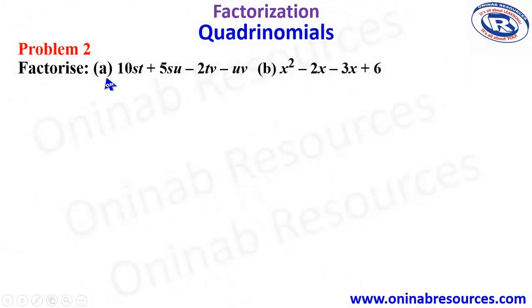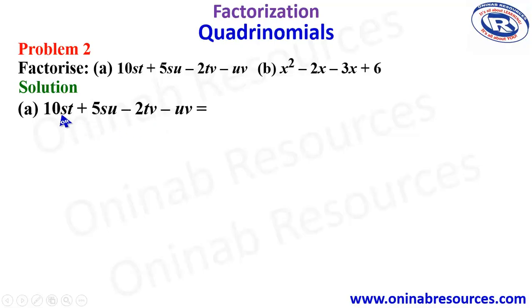For problem 2, we have problems A and B. We start the solution from A. We have 10st plus 5su minus 2tv minus uv. The first two terms, again, we look at what is common there. For the coefficients, we have 10 and 5. The HCF of 10 and 5 is 5.